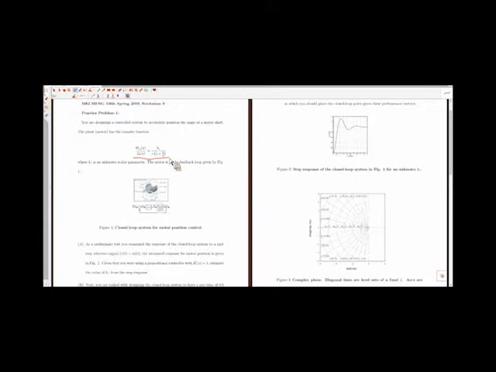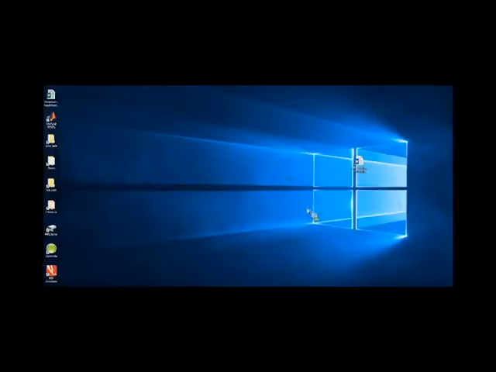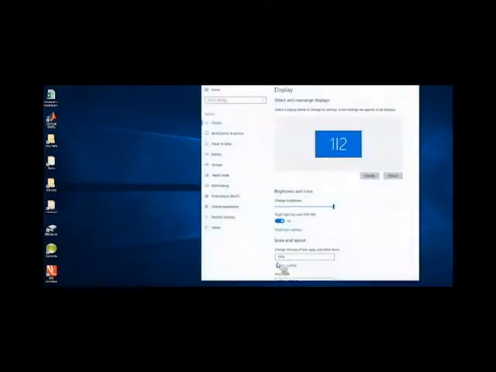Can you read that in the back? Any advice on how to do that? Classroom controls. Display. I don't know if my controls here are going to help anything. Brightness is all the way up.